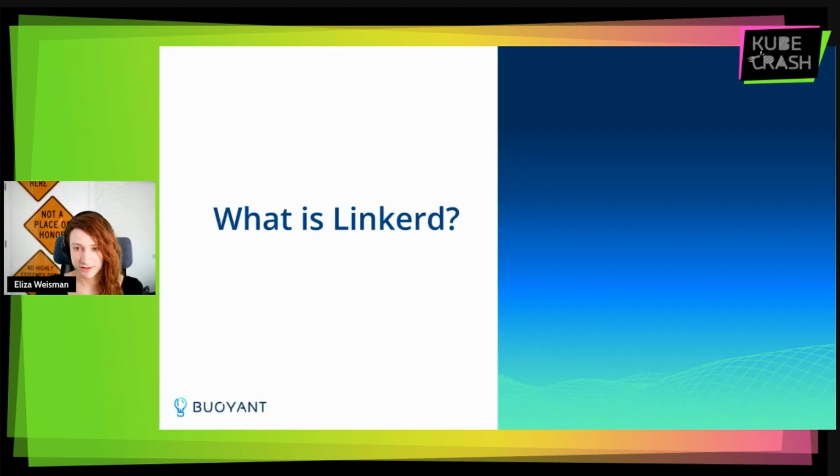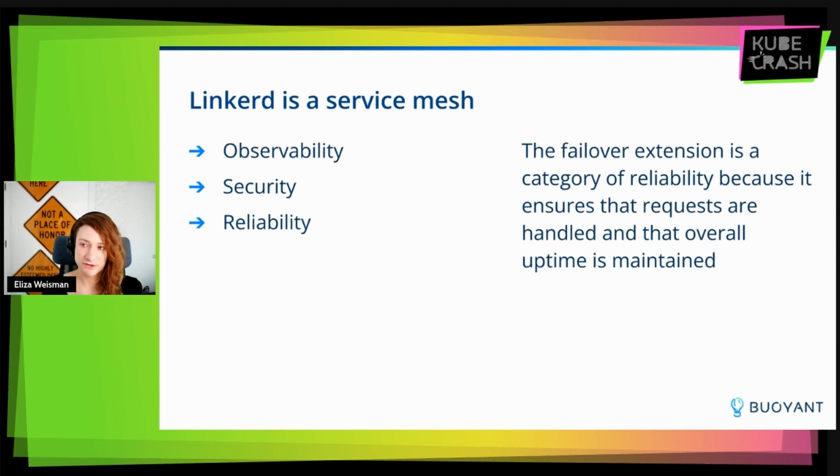So what is Linkerd? Linkerd is a service mesh for Kubernetes. We like to think of Linkerd as the lightest weight, most efficient, and simplest service mesh for Kubernetes. A service mesh is an infrastructure layer where proxies are injected into every application container, and network traffic is routed through these proxies.